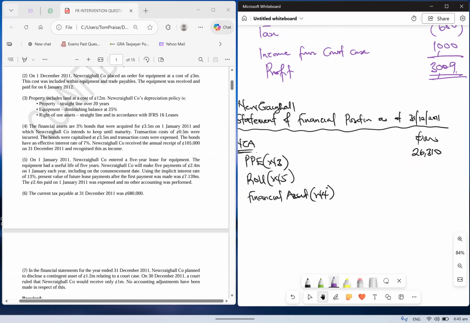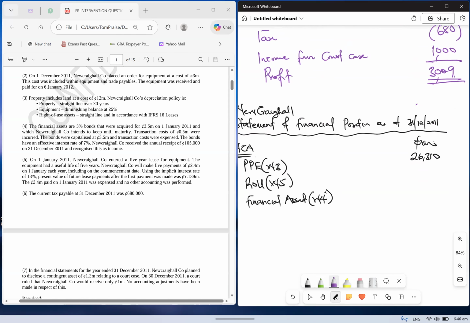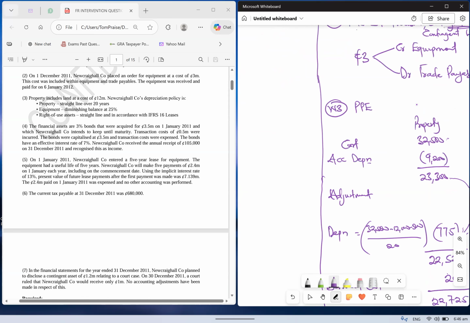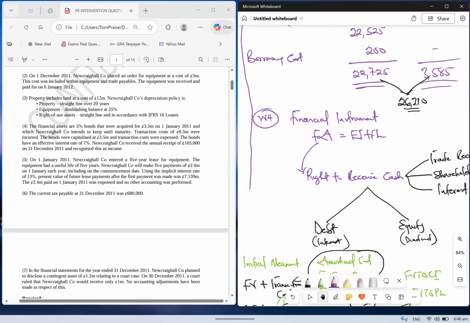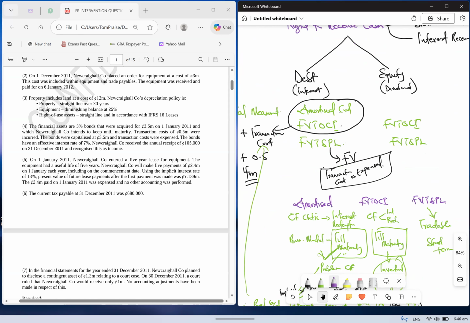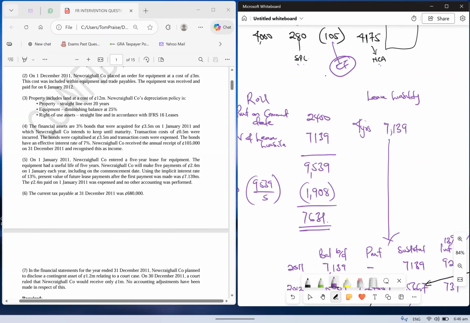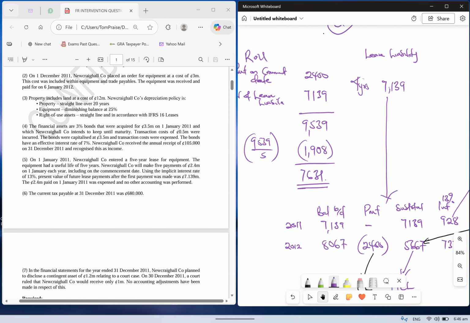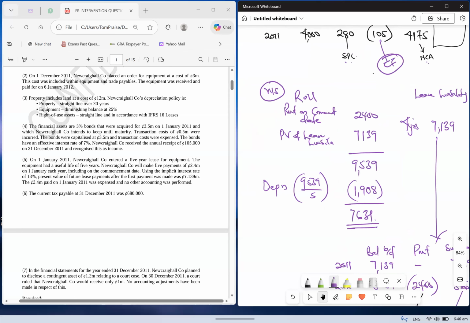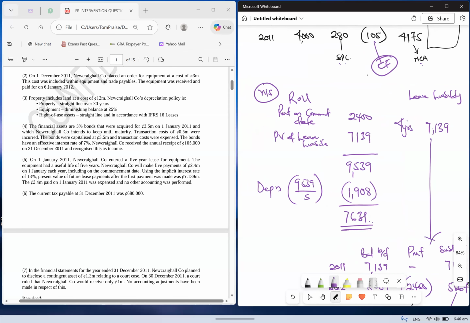So what were we even looking for? The financial asset, right? Question workings 4. What did we have? 4175. So take note of that. And the liability 2 is what? The right of use asset, 7631.